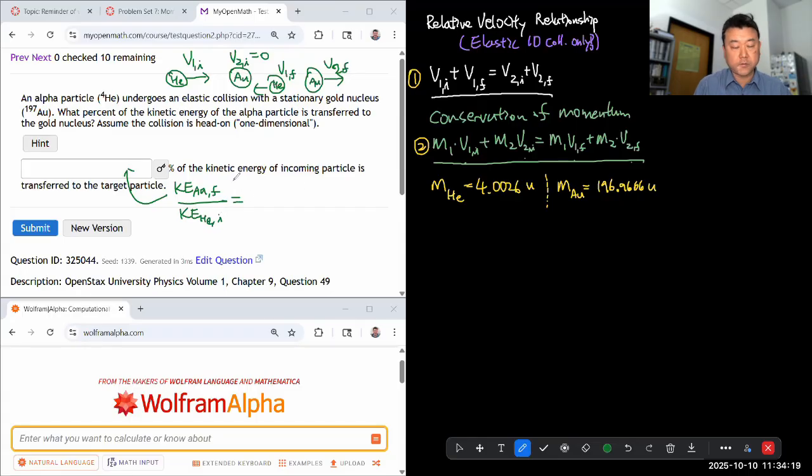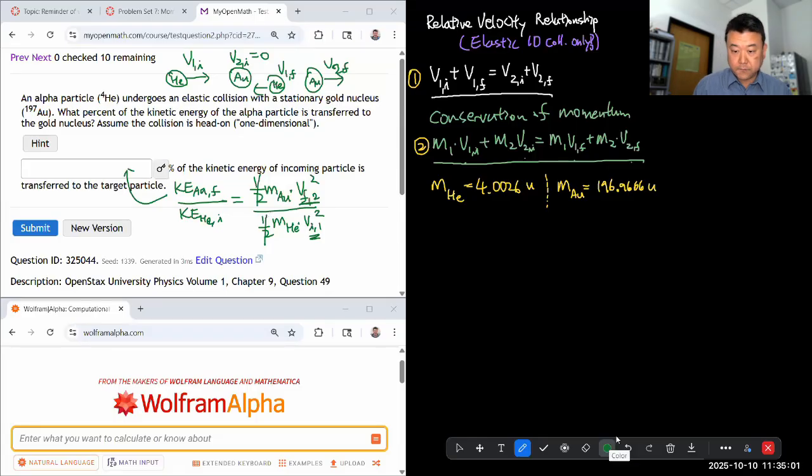Or in terms of all the quantities, it's 1/2 mass of gold times V final 2 squared, divided by 1/2 mass of the helium times V initial 1 squared. Now I don't technically have a V initial 1, so I'm going to get an expression for V2 final in terms of V1 initial, and then I should have enough information to do this calculation, with the things that cancel out and all that.